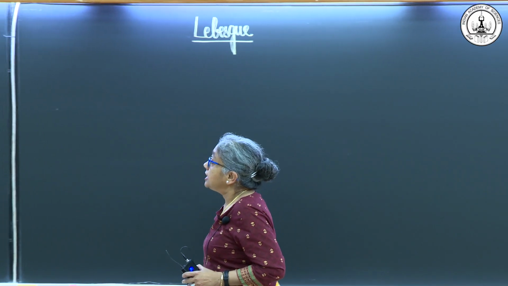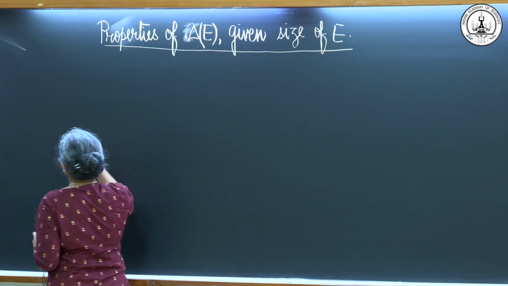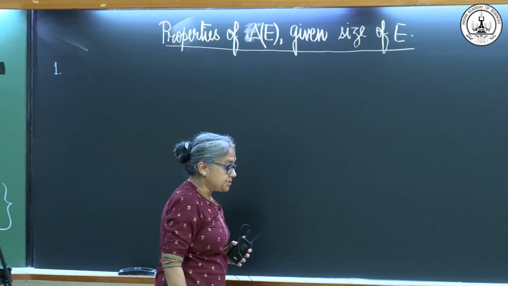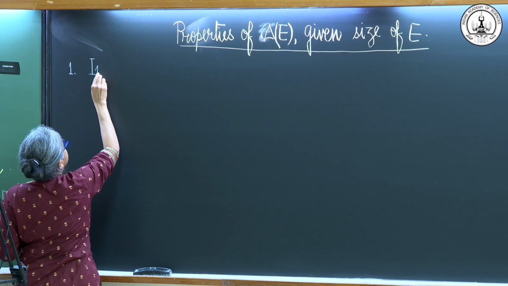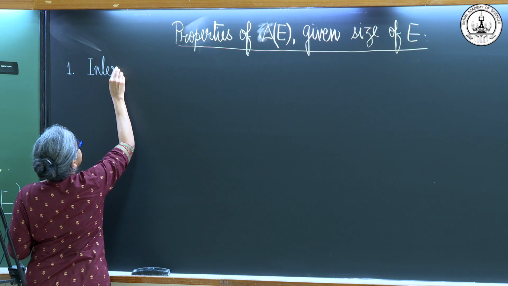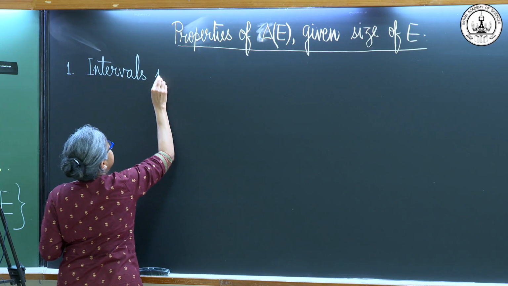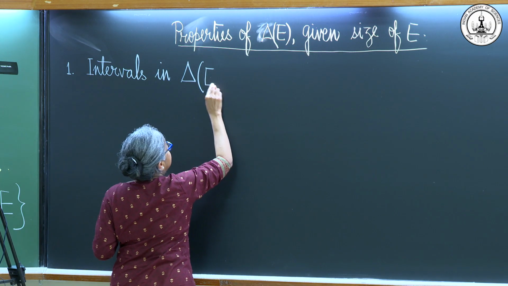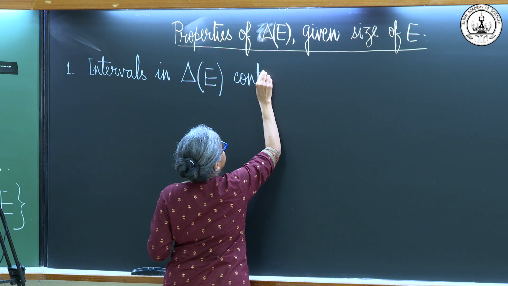So what is the first property? The first property, number 1, is about intervals in the distance set containing the origin.